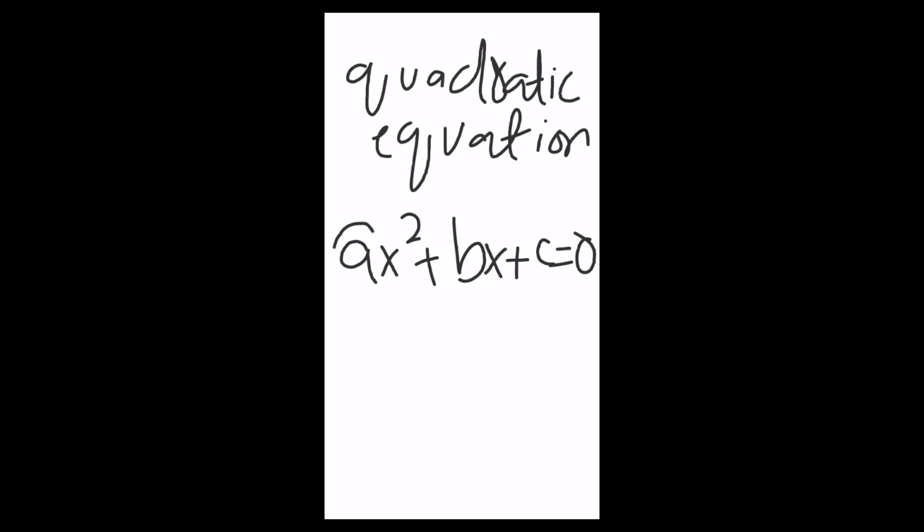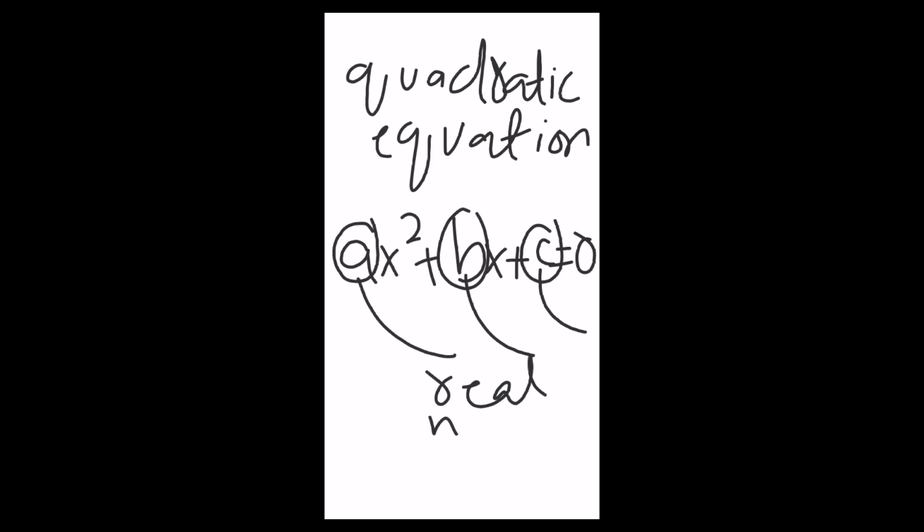You can represent these three letters a, b and c as real numbers. Whatever number is coming in the equation, we're going to plug that number into this a, b, c. Got it?